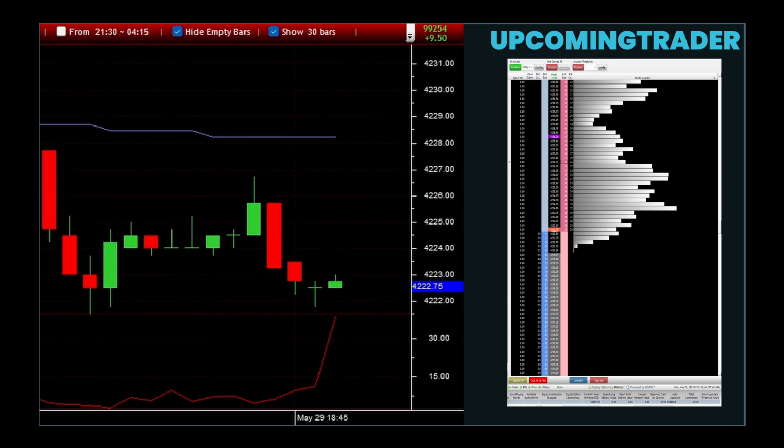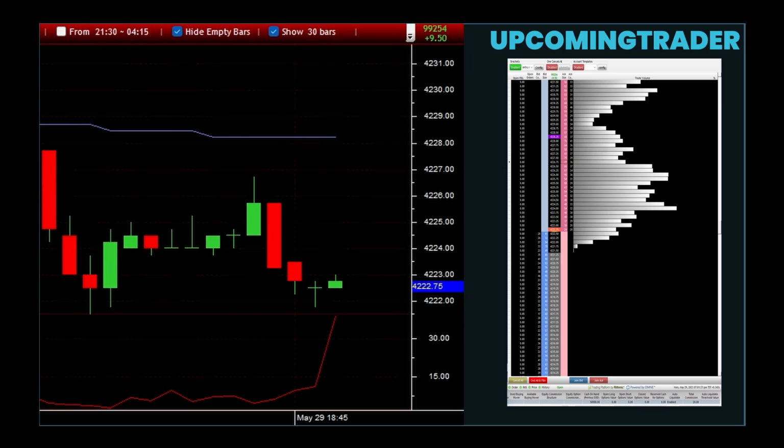The chart patterns on a TPO chart can reveal a lot about market sentiment and activity. You might see patterns like a balanced profile, which looks like a bell curve, indicating that the market is in balance. This means that buyers and sellers have found an agreement on price, which often leads to consolidation.